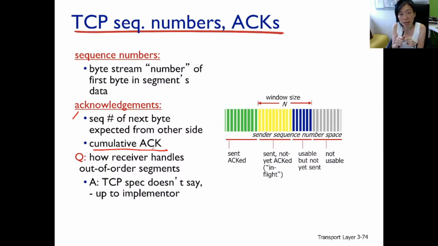TCP's acknowledgement number is actually counting 1 byte further. So it's the next byte the receiver is expecting. Therefore, it will also be the what? The sequence number of the next data packet coming from the sender.